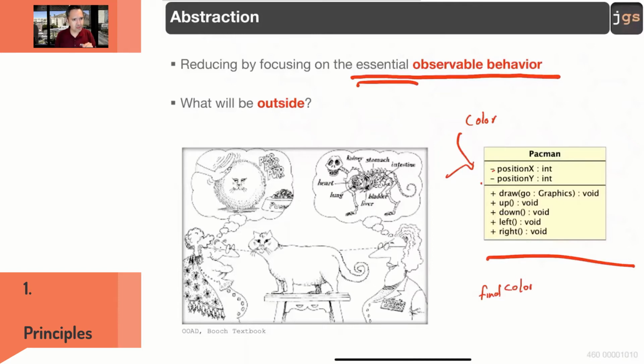Moreover, that color probably also is going to be static because all the objects Pac-Man are all of them the same color. Moreover, that one is going to be a constant with a value, and the value is going to be defined from the beginning.